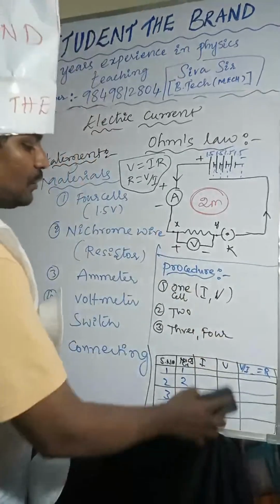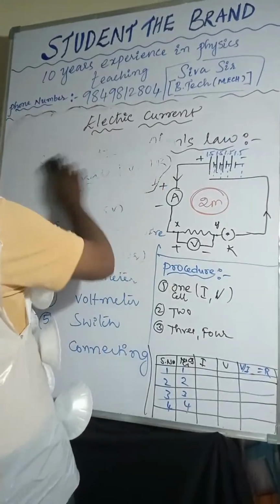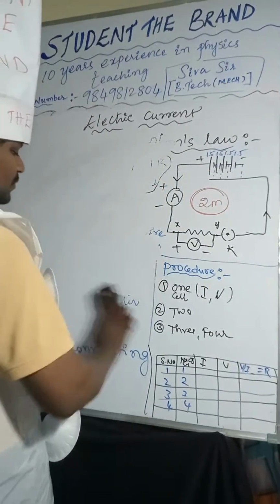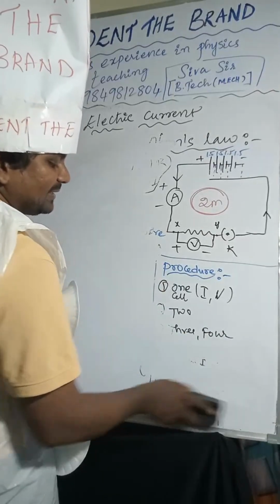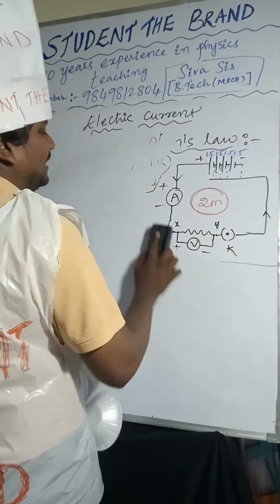Now, if you draw the graph for V and I, it is linear.